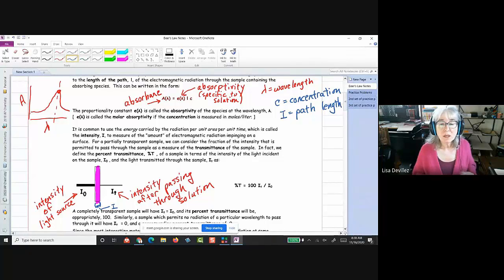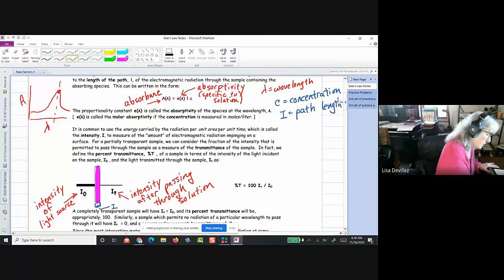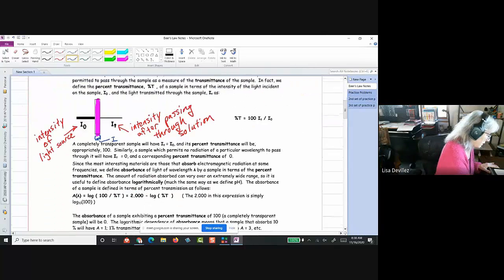Okay, so this method that we're using is very standard, not just with solutions, but essentially. Let's go down to our graph here.